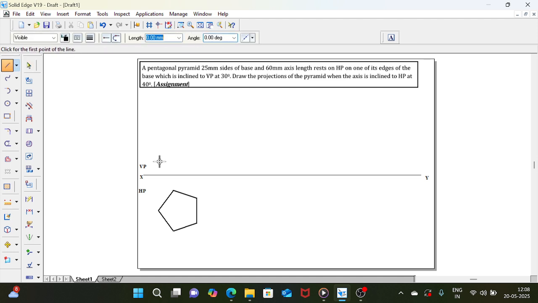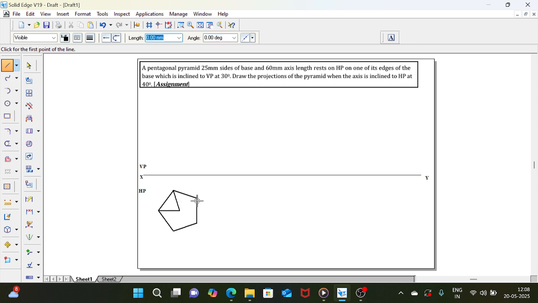Then I want to find where the axis point is in this pentagonal pyramid. For that, from any corner to the opposite edge midpoint, draw a line. Then you keep the line joining from the corner to the apex point or axis point, and trim the line joining to the midpoint of the edge.